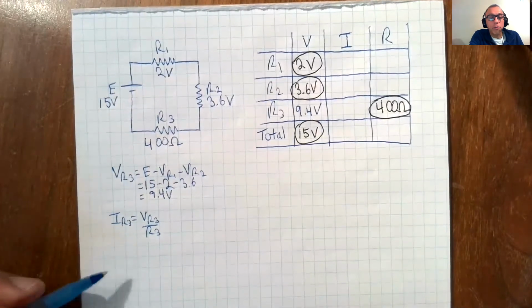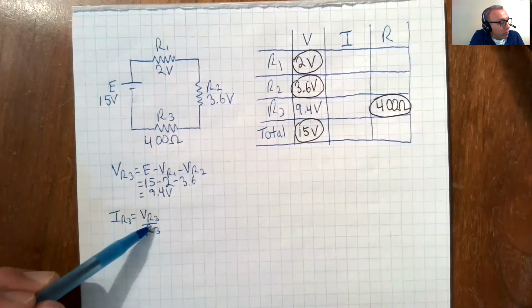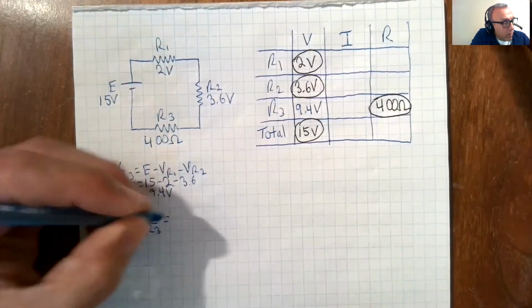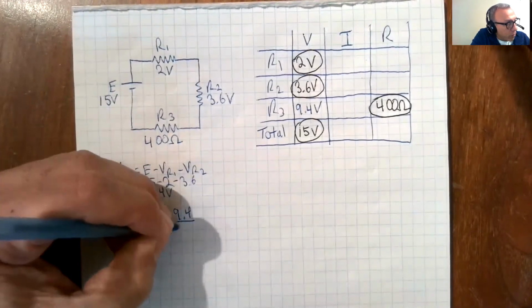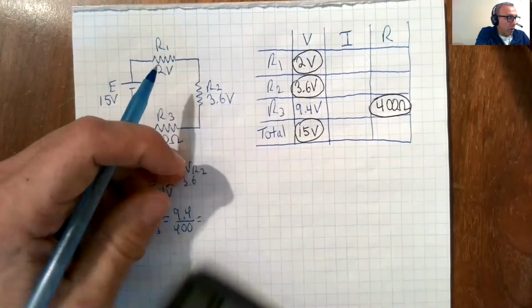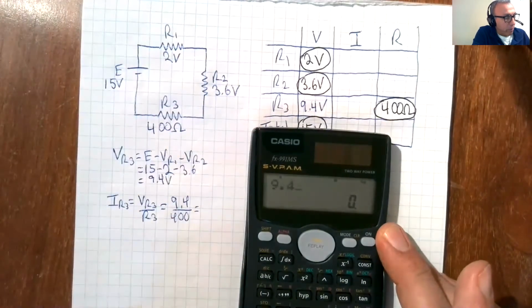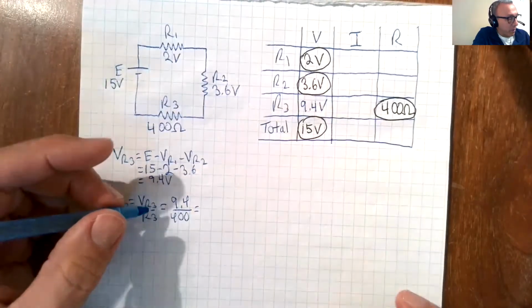Now this is where subscript notation is important to stay organized. We make sure we're using the right voltage and the right resistance. So we get here 9.4 volts over 400 ohms. So our current is 9.4 divided by 400, 23.5 milliamps.